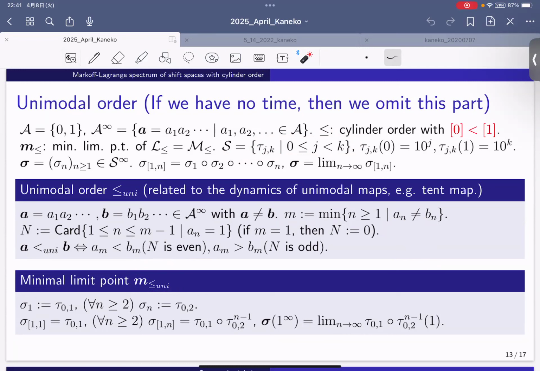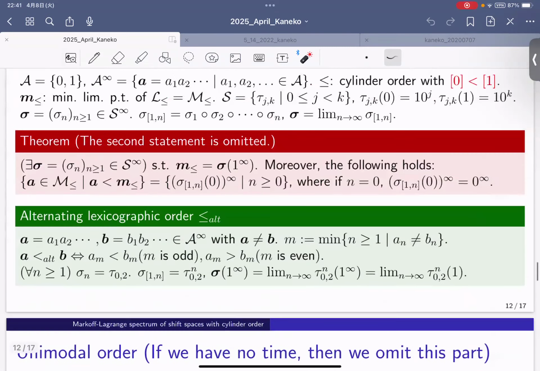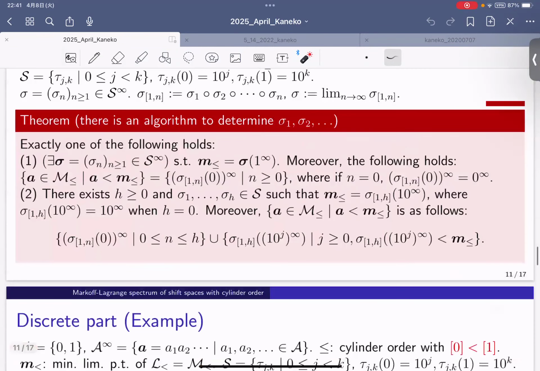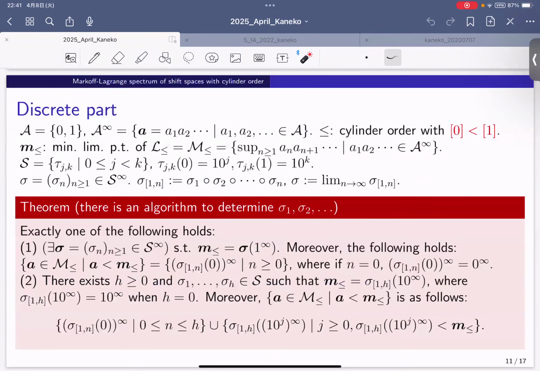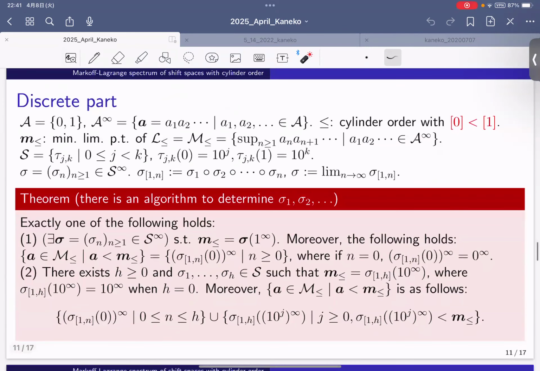But sigma 1 is tau 0, 1, and sigma n for any n greater than or equal to 2 is tau 0, 2. It's determined by an algorithm. So anyway, what I want to say is that this theorem is flexible, and it can be applied for any cylinder orders.